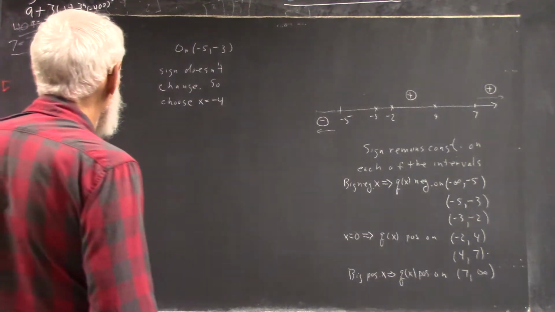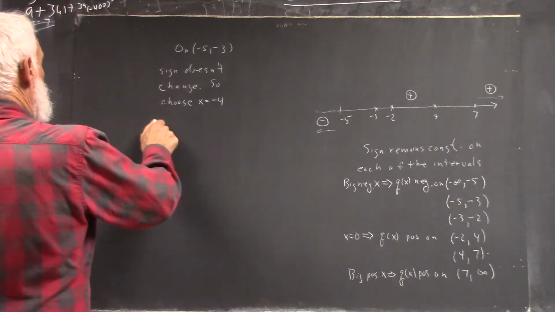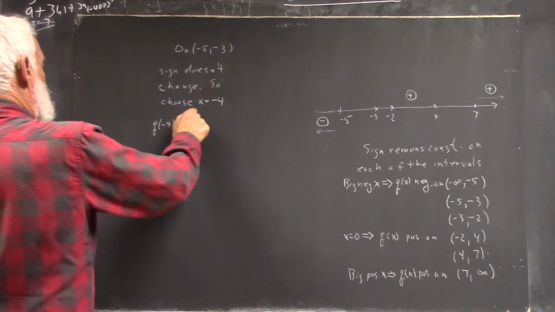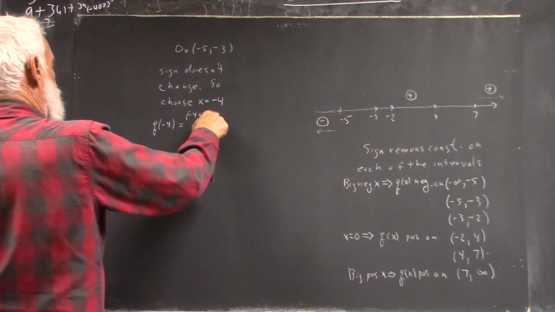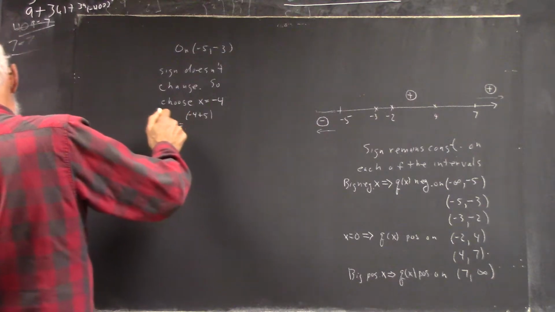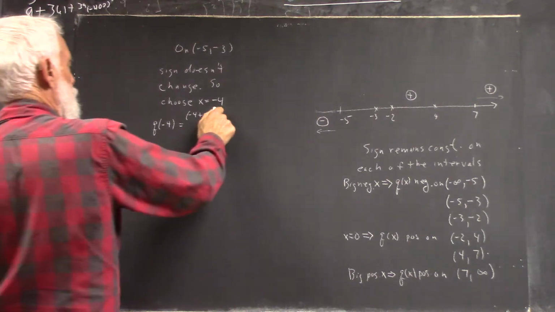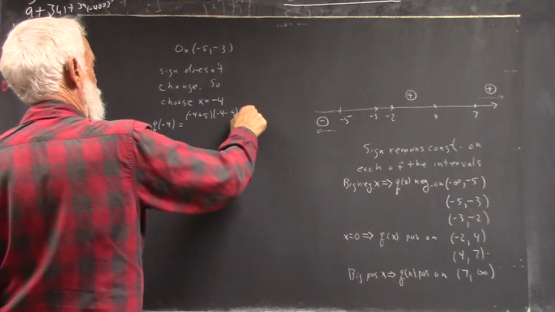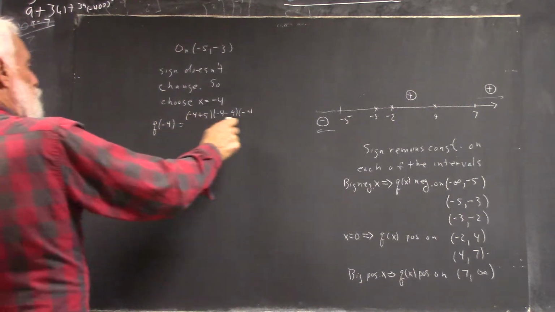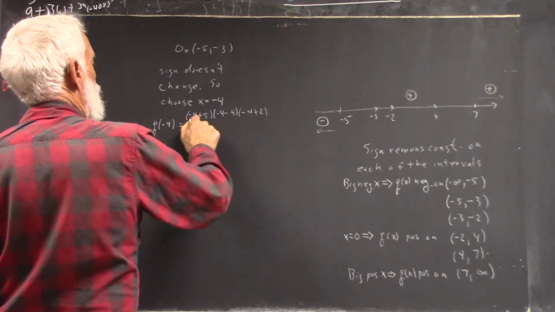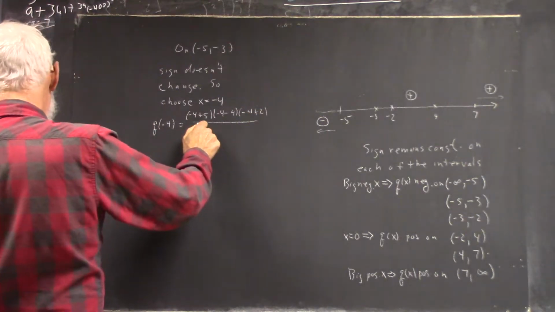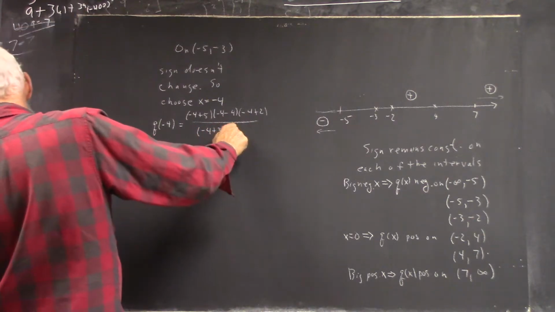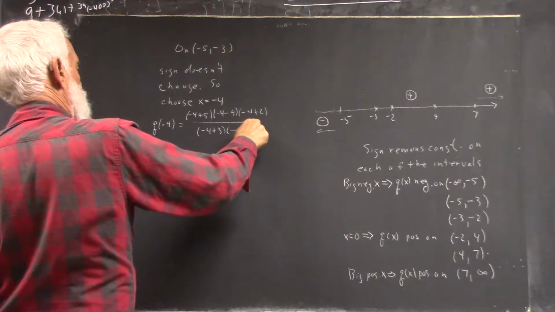Okay? So choose -4. Cube of -4 equals negative 4 plus 5, negative 4 minus 4, negative 4 plus 2, over negative 4 plus 3 times negative 4 minus 7.